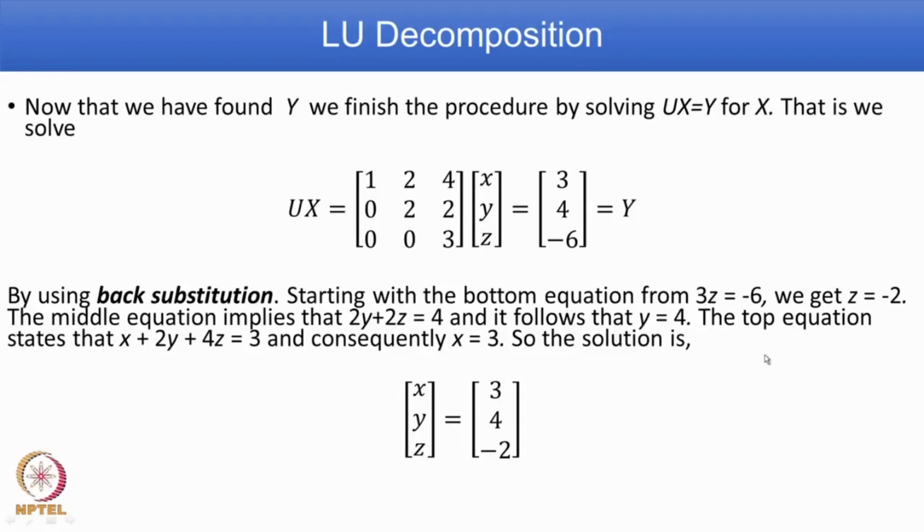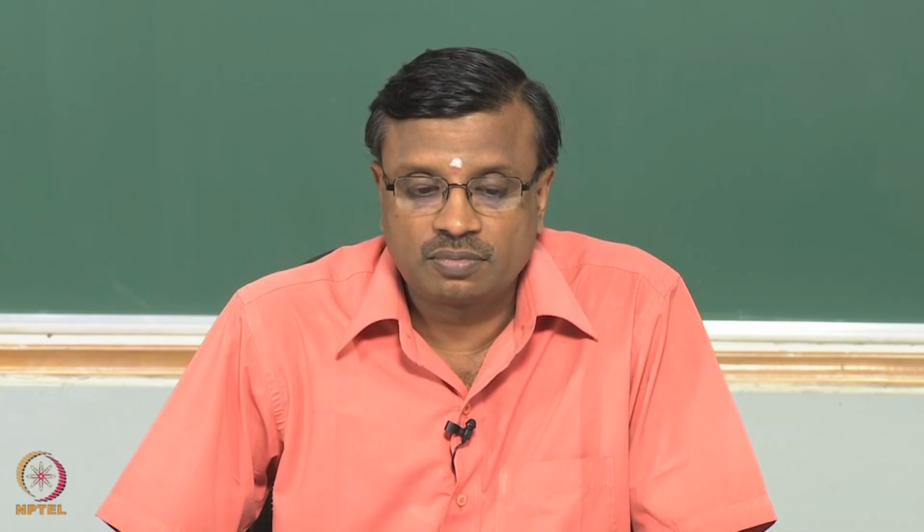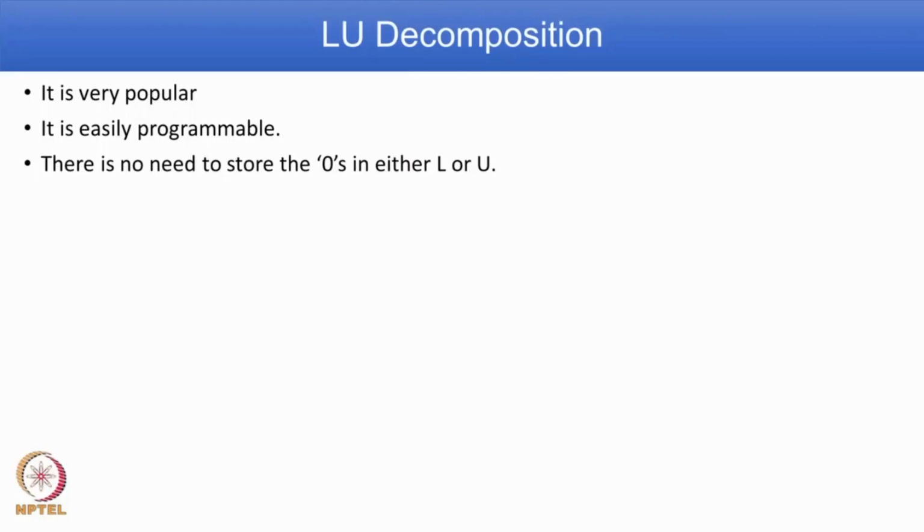So, we have explained, given a coefficient matrix, how to decompose into L and U and how to proceed from there to get the solution. The first step is forward substitution using the L matrix, the second step is backward substitution using the U matrix. So, if you look at advantages with respect to Gauss elimination, it is very popular, it is easy to program, there is no need to store zeros either for the L matrix or the U matrix.